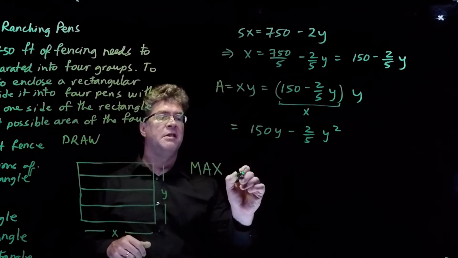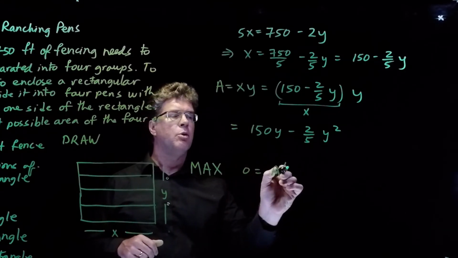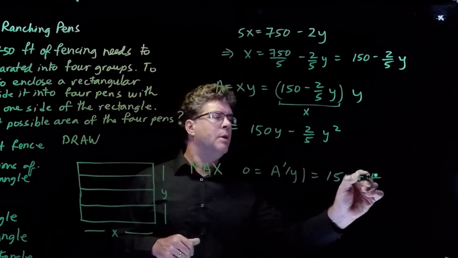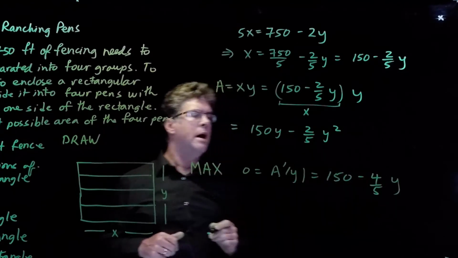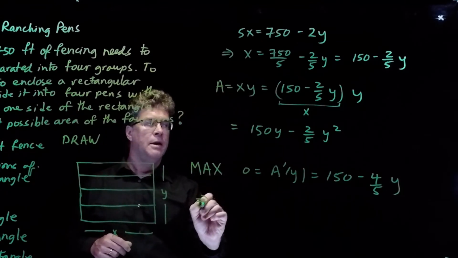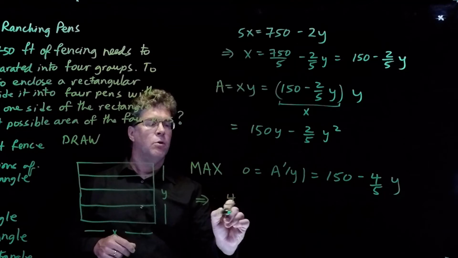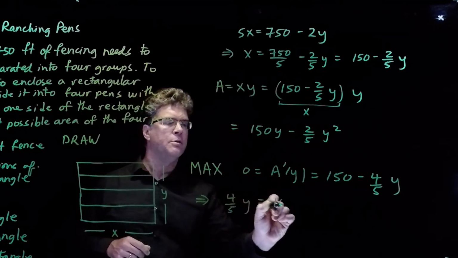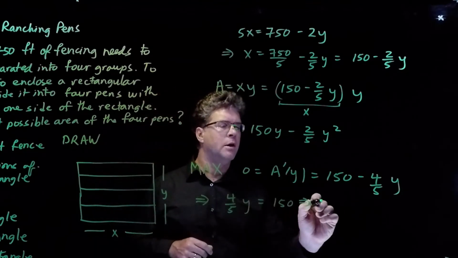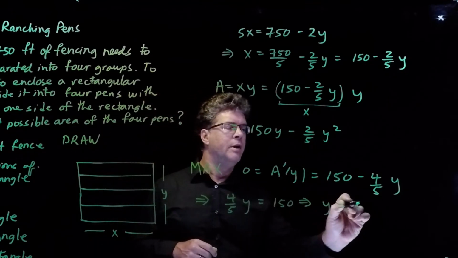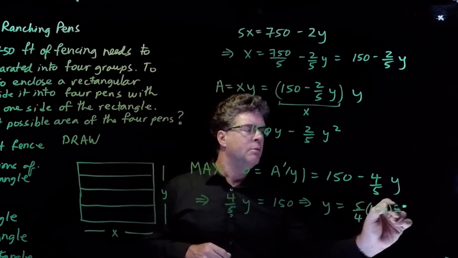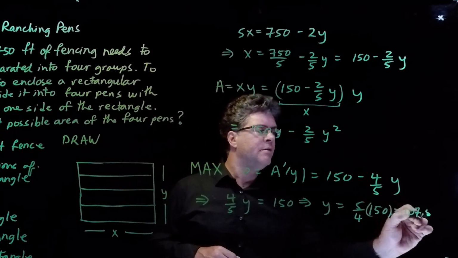And so let's say 0 is equal to A prime of y is equal to 150 minus 4/5 y. We can solve this for y, and it gives 4/5 y is equal to 150, and multiplying both sides by 5/4 gives us y is 5/4 times 150, which is 187.5.